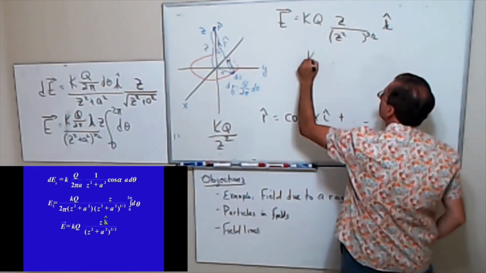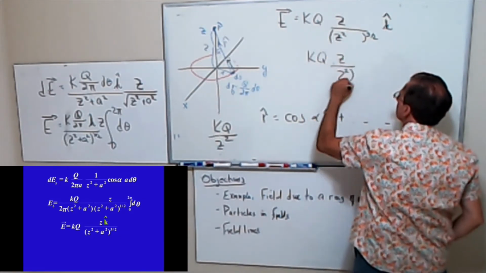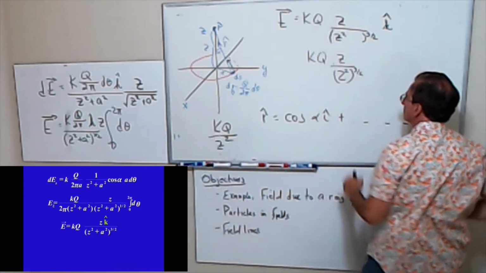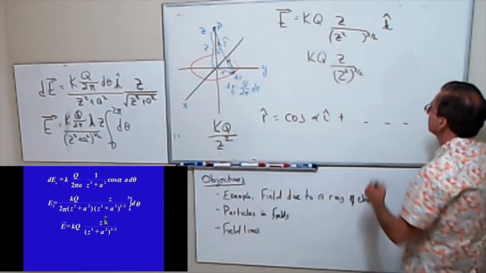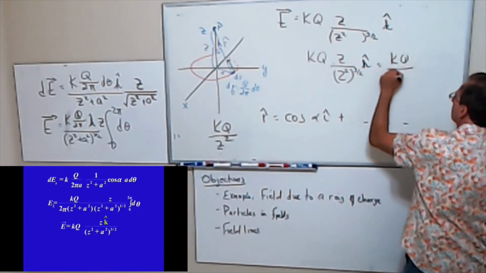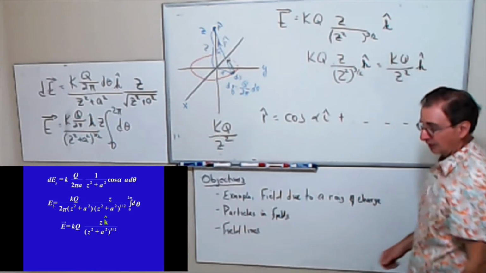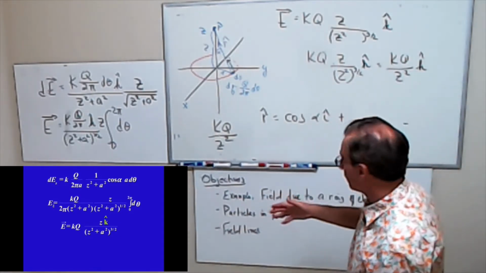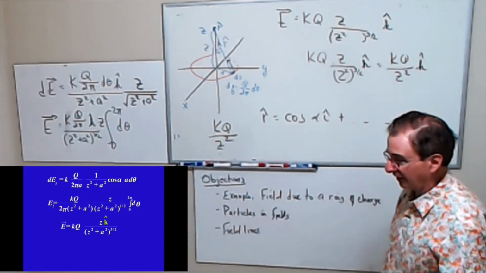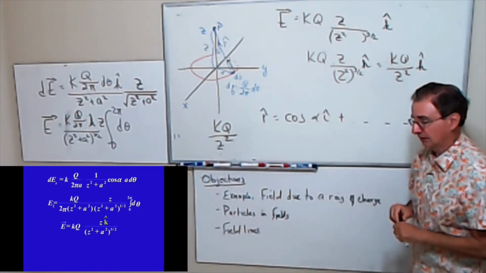And I get k q z over z squared to the 3/2, which is z cubed. That agrees with our intuition. It looks like a point charge, so my expression should look like the field of a point charge if I'm really far away.